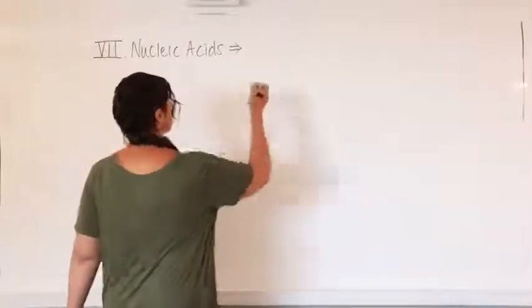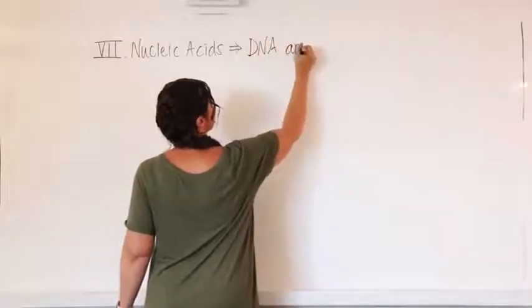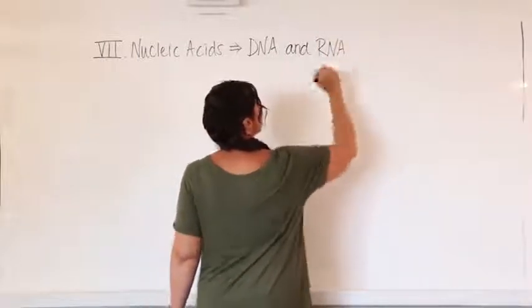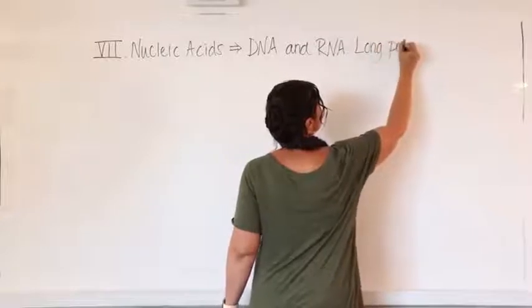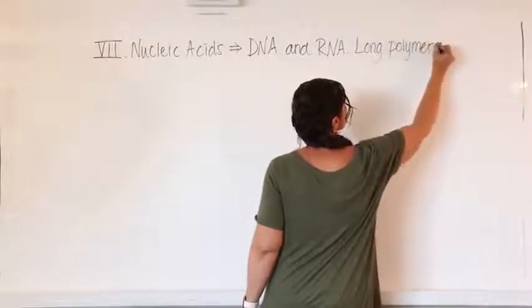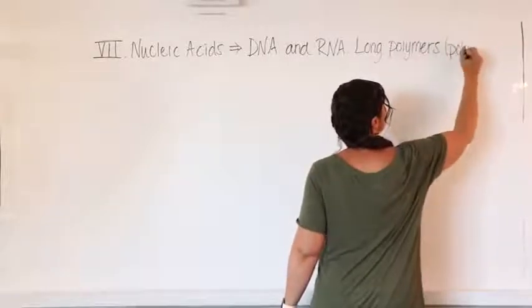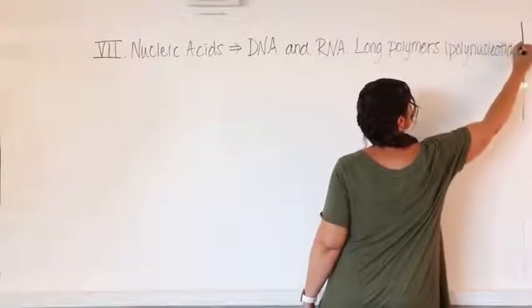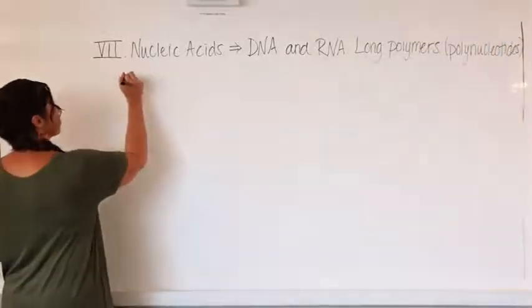So nucleic acids essentially are DNA and RNA. We're going to define those later. These are long polymers, and we call these polymers polynucleotides, made of nucleotide monomers.